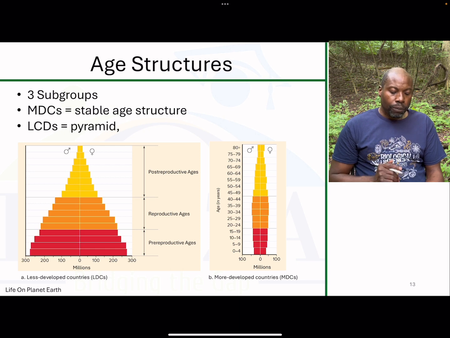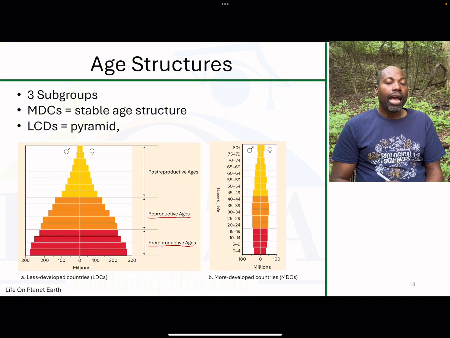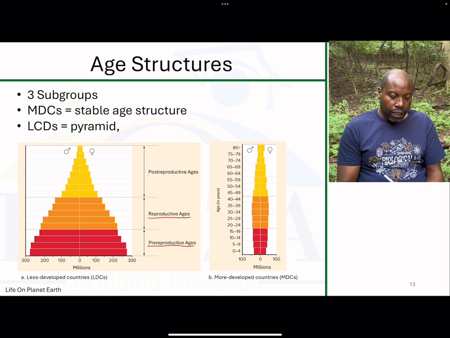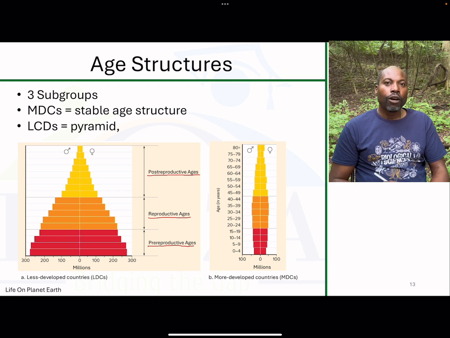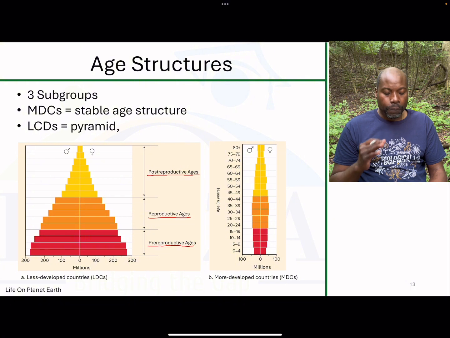These 3 subgroups include the pre-reproductive ages, the reproductive ages, and the post-reproductive ages. For all populations in the world and in all countries, this is how we are going to divide the population.